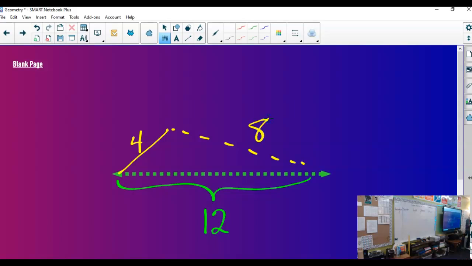Now, has anyone ever heard the phrase, how the crow flies? Grandmas or grandpas would maybe say this. They'd be like, oh, well, it's only 2 miles how the crow flies, but you're going to have to drive 10 to get there. So, how the crow flies is an old Appalachian saying for if you could fly and get there in a straight line.